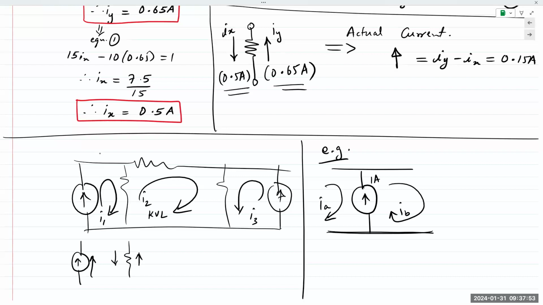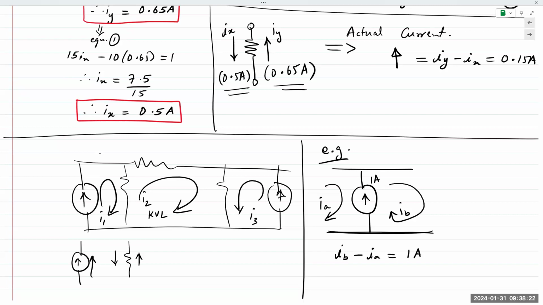Now it's shared, so the current source can be expressed as a difference of these two mesh currents IA and IB, similar to the resistor currents. Make sense? In this case, IB is going the same direction as 1 amp, so I would write IB minus IA is equal to 1 amp.